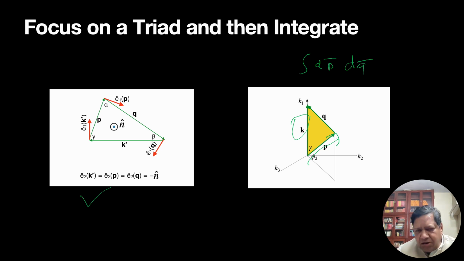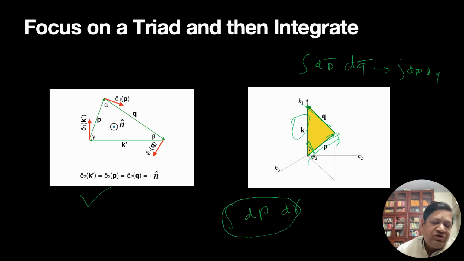But in this presentation, we are going to change our stance. By the way, this will involve the integral dp dq, where dp is the magnitude of p. Once I fix the magnitude of p and the magnitude of q, my triangle is fixed. In this presentation, we will use dp d gamma. So once I fix the angle gamma and p, then q is fixed. It turns out this is easier to handle.